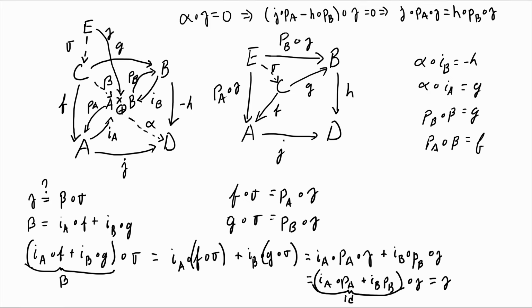We have that beta is equal to IA of F plus IB of G, and that comes from uniqueness and the universal property of the direct product, using the fact that if you take beta defined in this way and then follow it with PA right here, you will end up getting F from how PA acts against IA and IB.